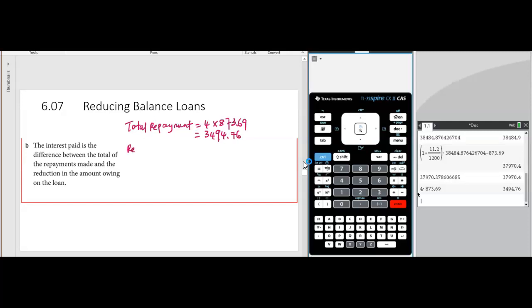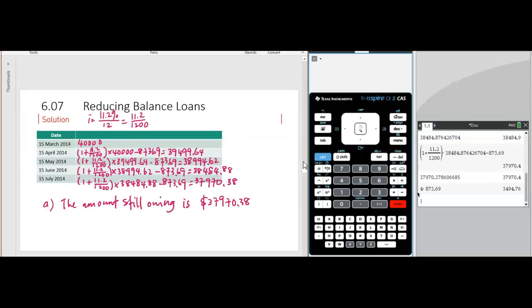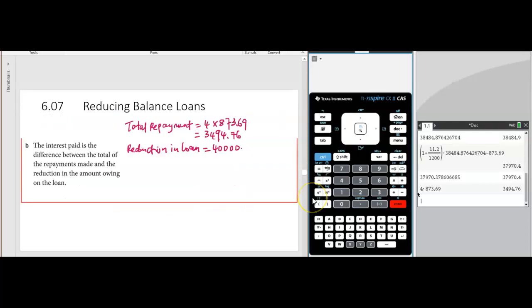Now, how much is your loan being reduced here? So, reduction in loan. Original loan, 40,000. After you have paid, how much you owe? 37970.38. What is the difference here?